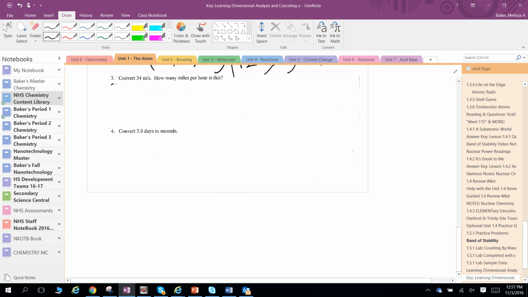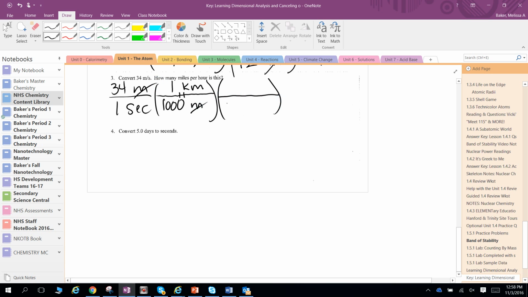What about number 3? 34 meters for every 1 second. What if we want to convert this into miles per hour? Well, let's start with the meters. There are 1,000 meters in 1 kilometer. So meters cancels out. There are 1.6 kilometers in 1 mile.